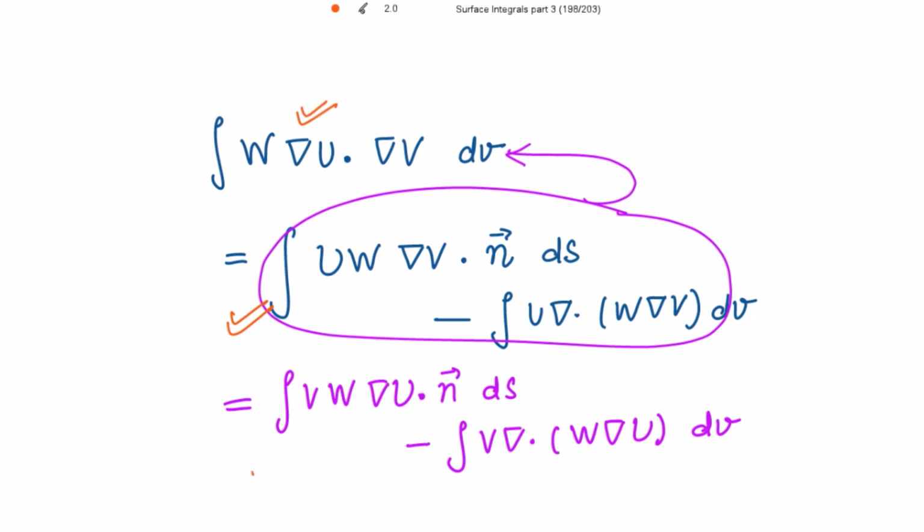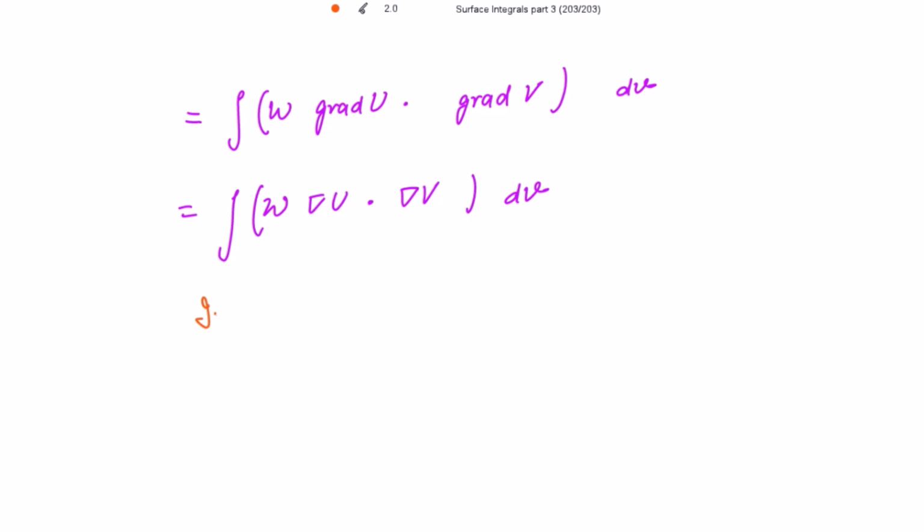To get the second result, just interchange u and v together. So let's interchange u and v. We get the second result. Let's write the left hand side first. What is the left hand side?